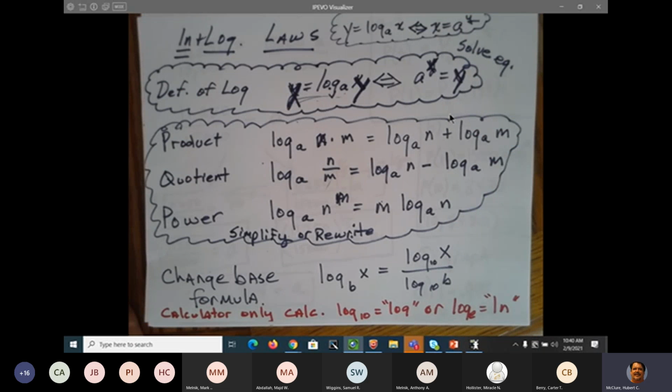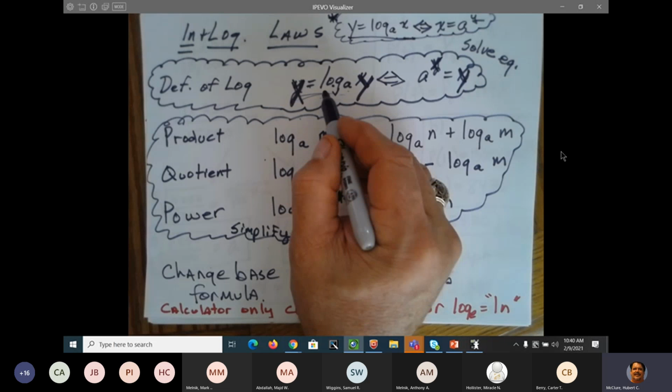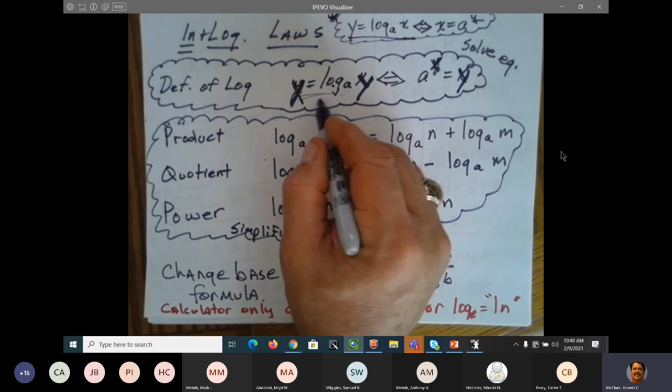Because when do you see x equal to something versus y is equal to something in algebra? This is what you see in algebra. Y is equal to log base a of x. You don't see x is equal to log base a of y. So that's why I disagree with the way they've got it written.